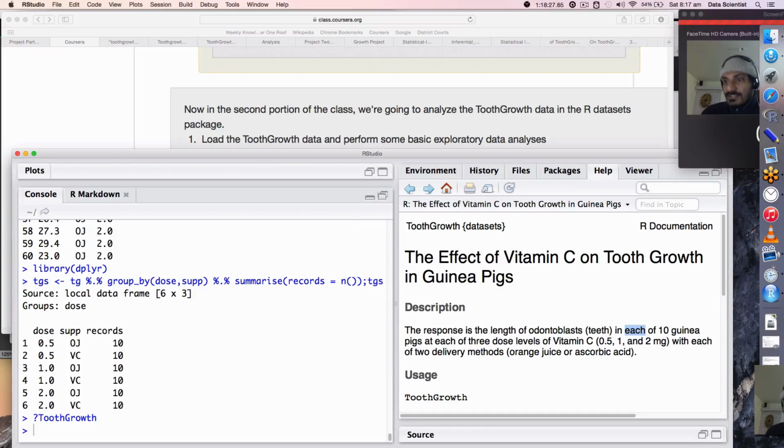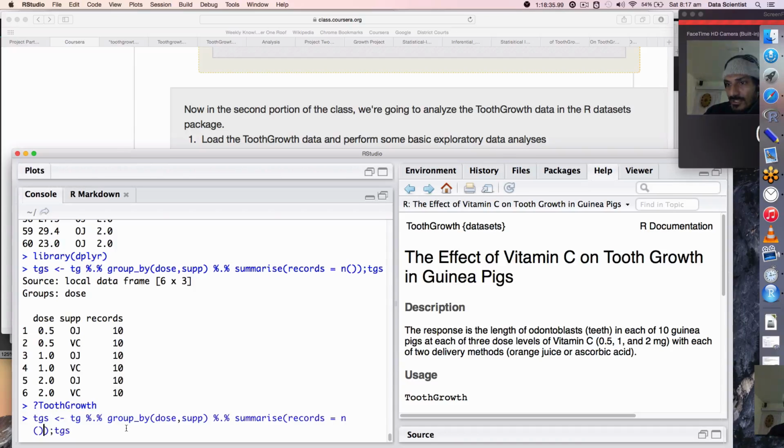So we've seen this. What I want to do is use my same set of code to get more information about the data. I also want to check the mean. The beauty of the summarize function is that I can create many functions. I say records, then I say my mean length is equal to mean of length per group.